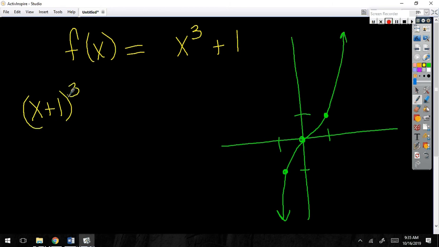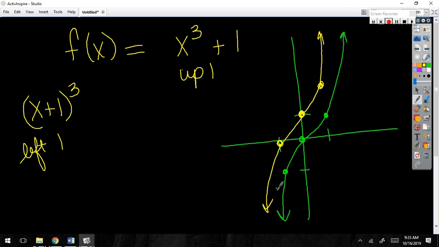That's left 1. This is up 1. See the difference? So every point on here goes up 1. There's the transformed graph. Everybody okay on that?